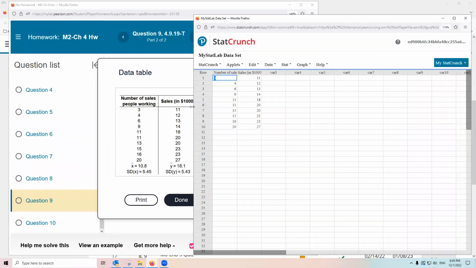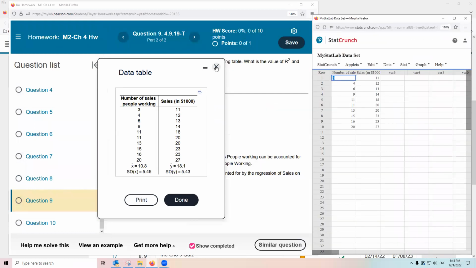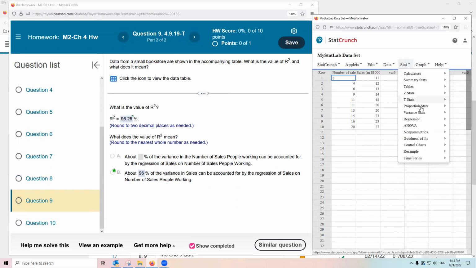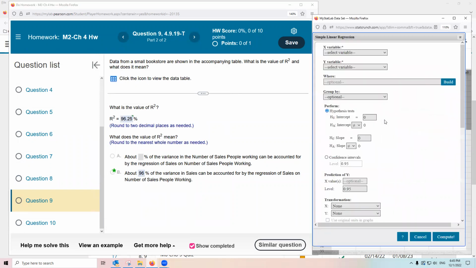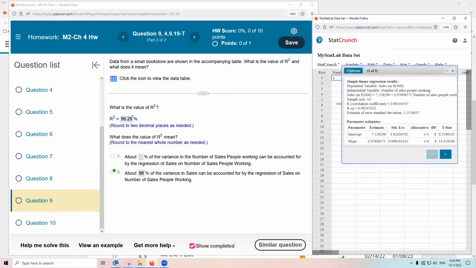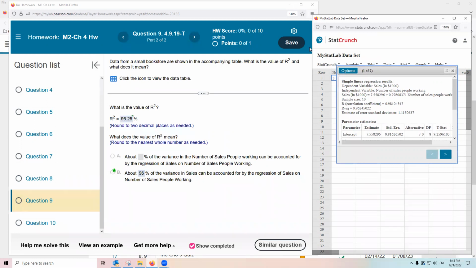All right, so here's the data set opened up in StatCrunch. I'm going to go ahead and do Stat, Regression, Simple Linear again. The X variable is number of salespeople working. Y variable is sales in 1,000. And I'm just going to click compute. And if I come over here, I'm noticing there's that correlation coefficient R. Again, in this case, it's 0.981.